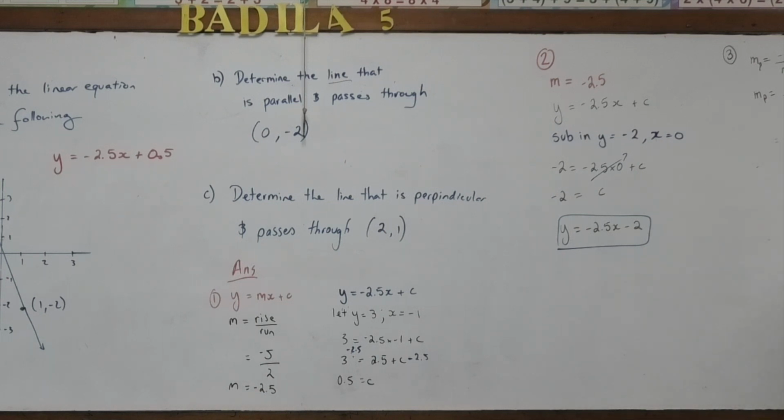Now that I've got my gradient, what do I have to do? Sub in a known value. So I've got y equals 0.4x plus c.